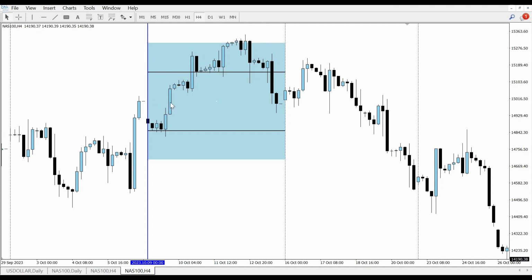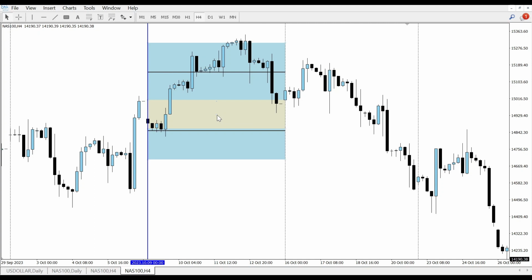Now inside of the discount region, we have the upper discount and the lower discount. So now we're going to use the actual prices to make it more accurate. And what we're basically doing is we're dividing the discount region into 2. So the discount region is 300 pips.